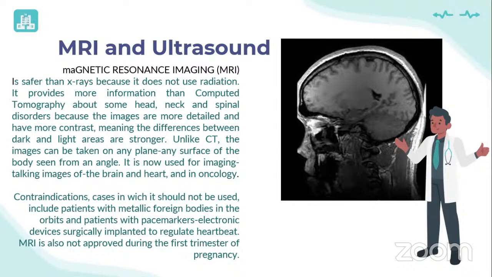It is now used for taking images of the brain and heart and in oncology. Contraindications, cases in which it should not be used, include patients with metallic foreign bodies in the orbits and patients with pacemakers, electronic devices surgically implanted to regulate heartbeat. MRI is also not approved during the first trimester of pregnancy.